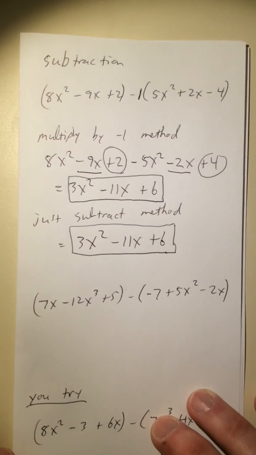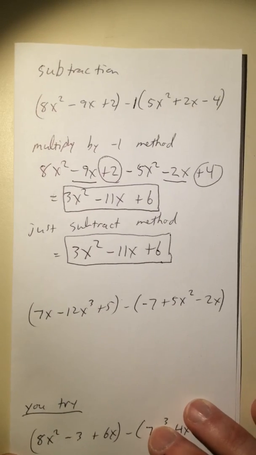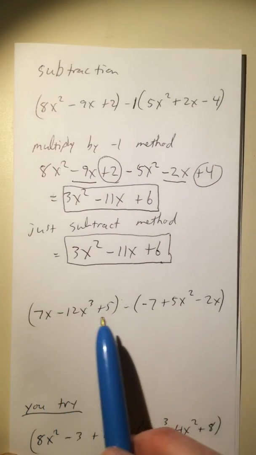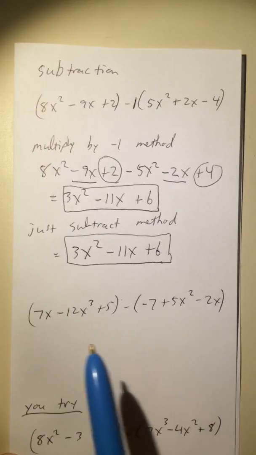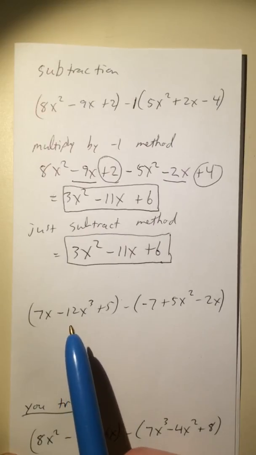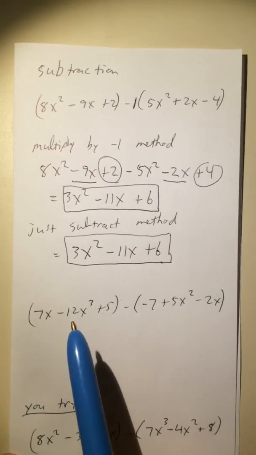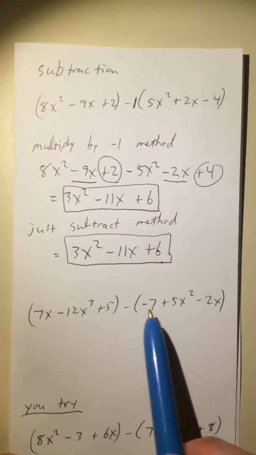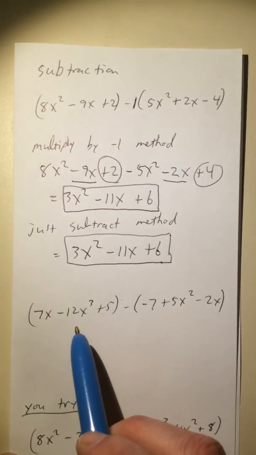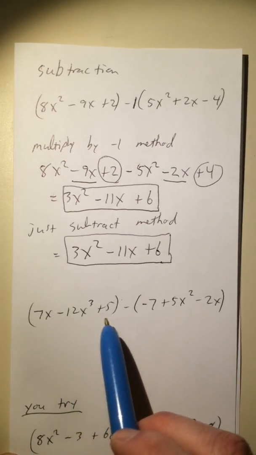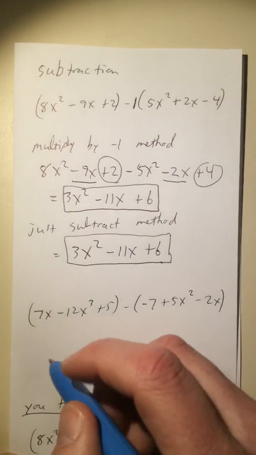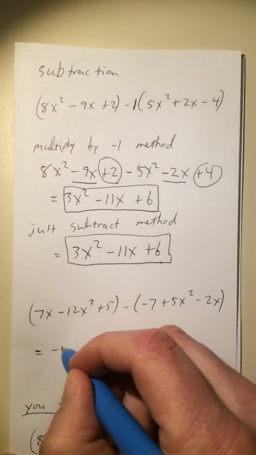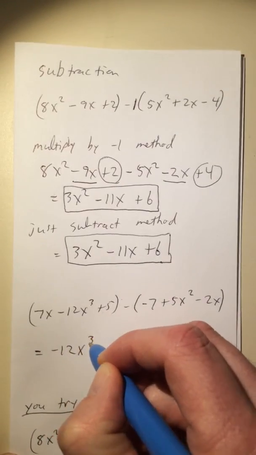Okay, so let's apply all that to this next one here. And again, I've mixed up the order of the powers on purpose, and I've also skipped some powers. So here the highest power is x to the third, and there's no x to the third term here, so we start with that. So we have negative 12x cubed minus nothing. So we have negative 12x cubed.